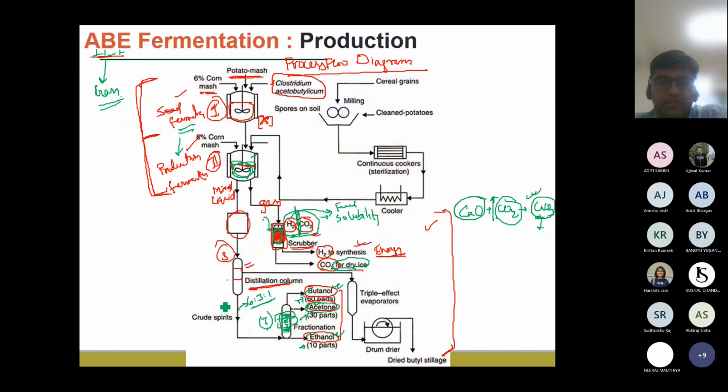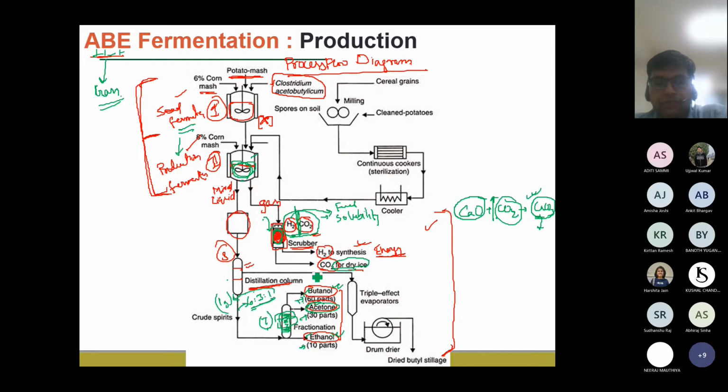Okay, so if you start with 1 gram of the initial components, like the glucose and all those things, we are going to, for example, get 0.6 gram of the butanol, 0.3 gram of acetone, and then 0.1 gram of, for example, ethanol. So if we combine together, it will form the 1 gram.